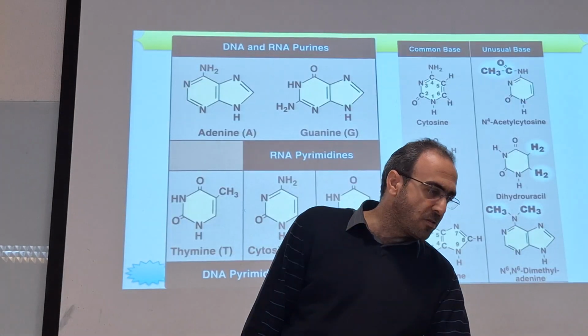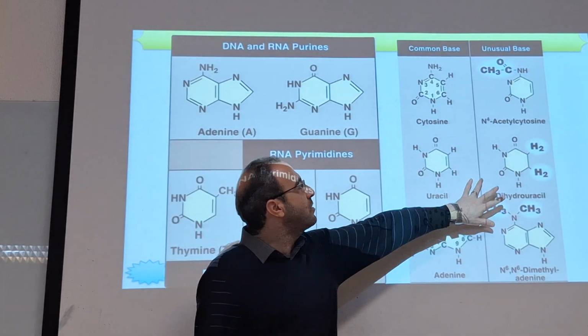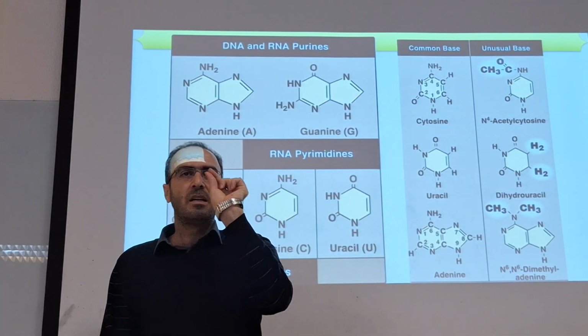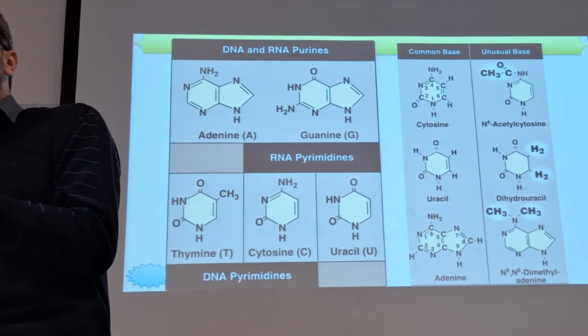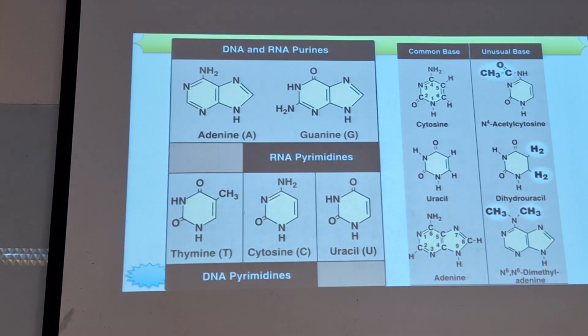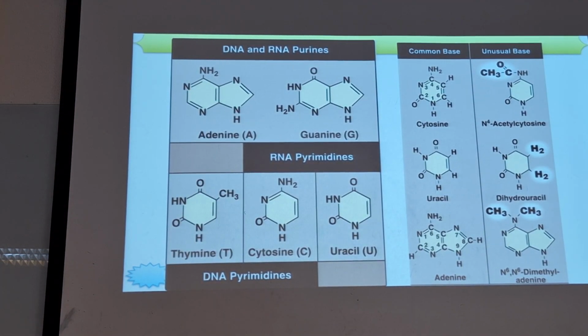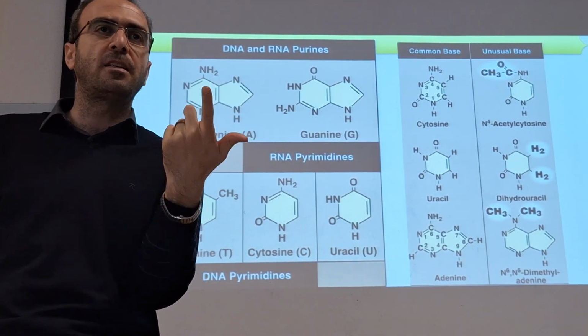So they are also nucleotide analogs. They have the structure of the main nucleotide, and we can change a small part of the nucleotide. When we change the structure, we can use them as anti-cancer or antibiotic drugs. Why? Because we need nucleotides for DNA synthesis.